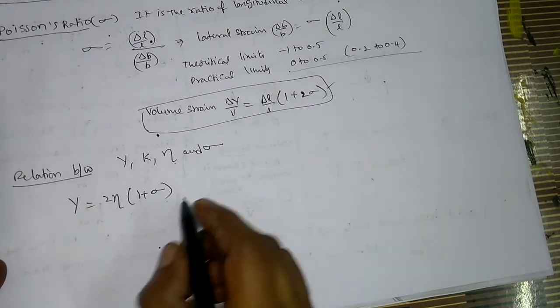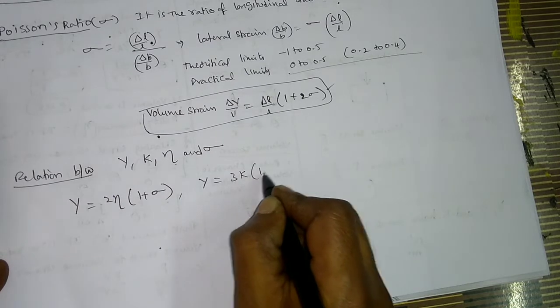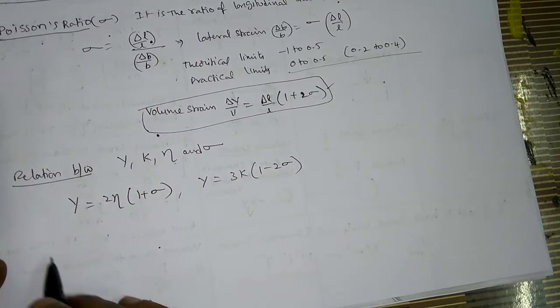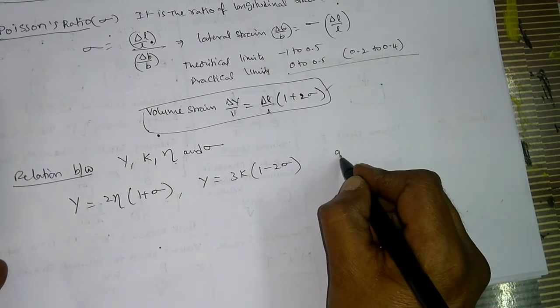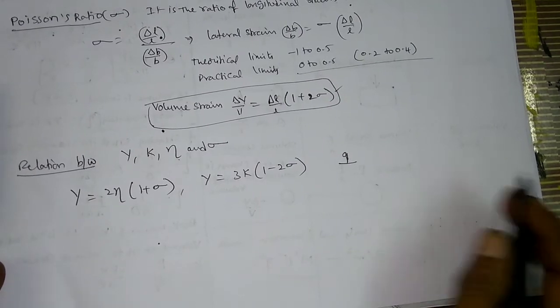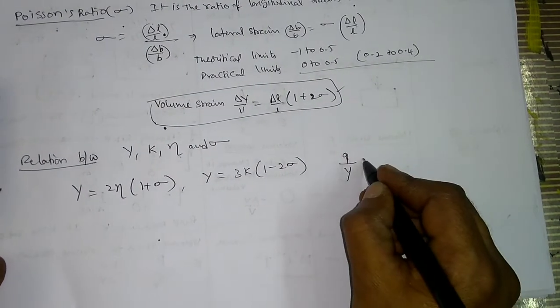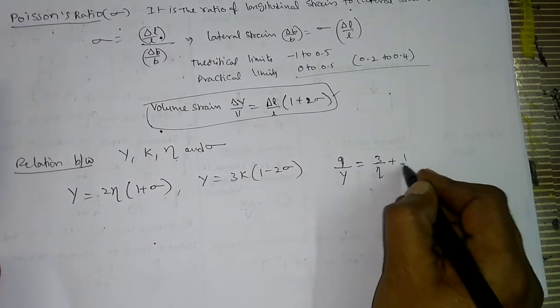Another relation: Y is equal to 3k into (1 minus 2 sigma). If you remember these relations, you can easily derive all the others. That is, 9 by Y is equal to 3 by eta plus 1 by k.